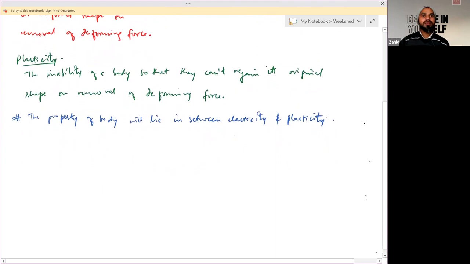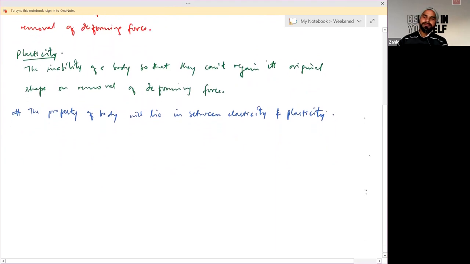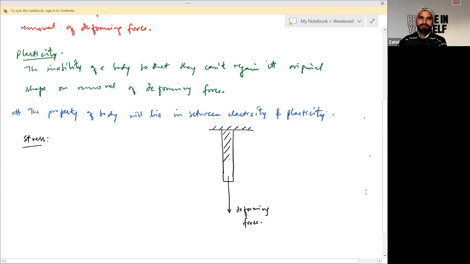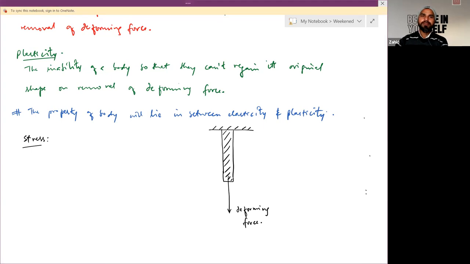Okay. Now, depending upon these two properties, we may define some terms in this chapter. First is stress. Suppose there is a solid body hanging from a support, and you apply a deforming force to this rod to change its shape.